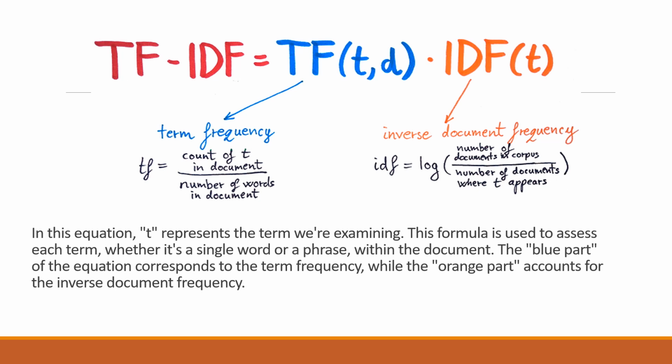TF-IDF equation, where T is the observed term. The equation is applied to each term, word or phrase in the document. The blue part of the equation is the term frequency and the orange part is the inverse document frequency. The idea of TF-IDF is that words that appear more frequently in the document are not necessarily the most relevant.